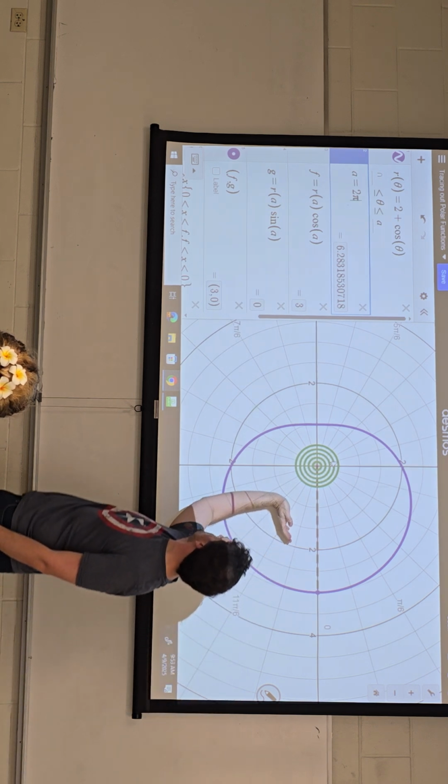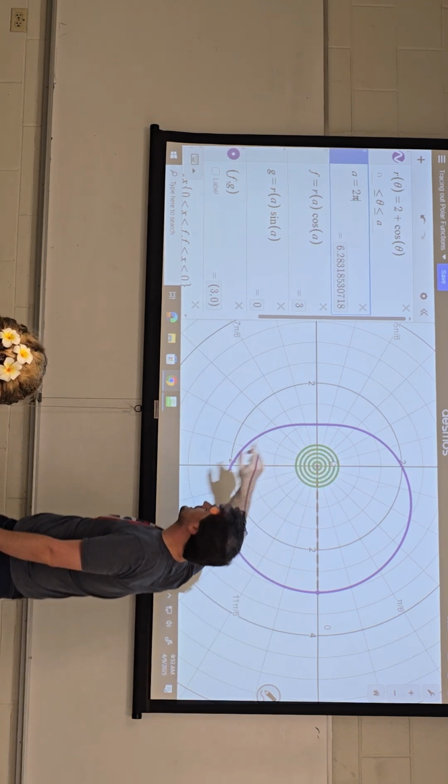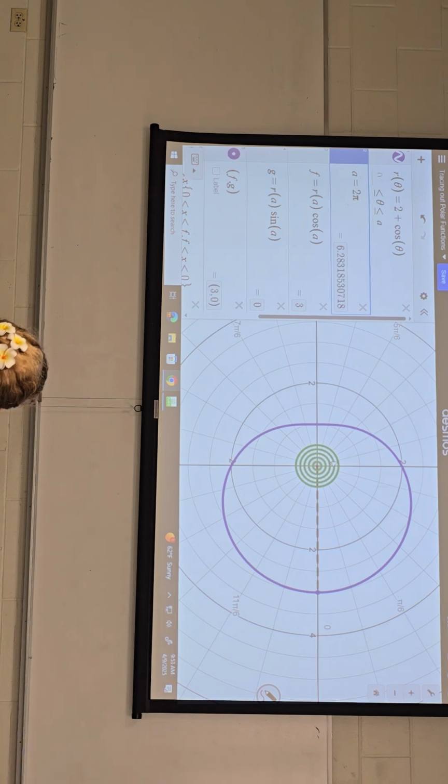We know pi over 2 is 90 degrees up there. So now ask yourself, what are the signs of dr d theta? At that angle, how is the radius changing? Ask yourself, what is the sign of dx d theta? What is the sign of dy d theta? So take 2 seconds, stare at that, see what we can come up with.